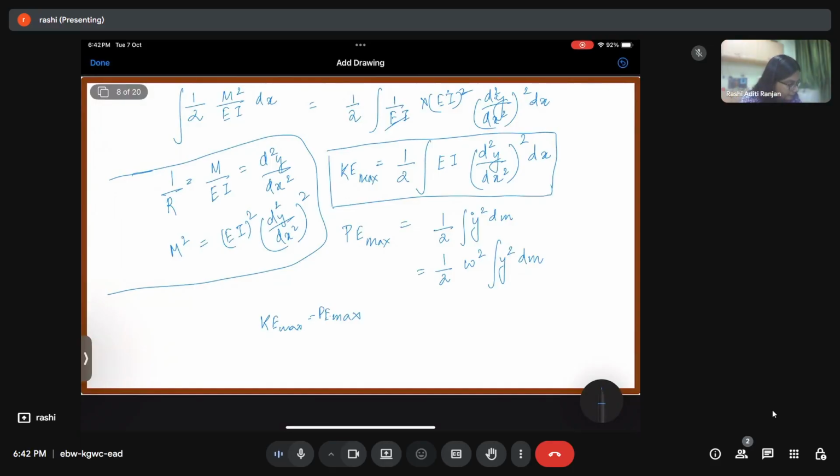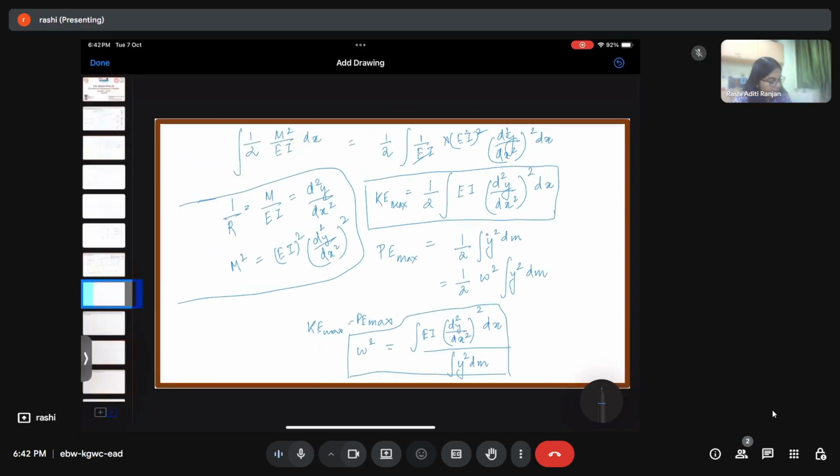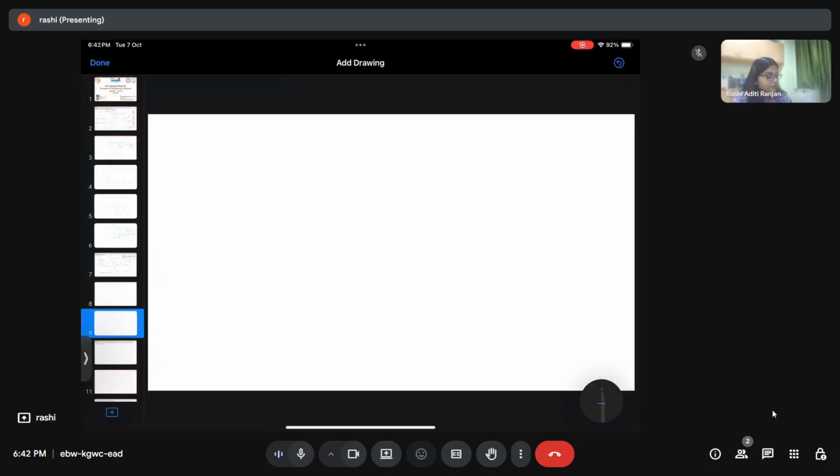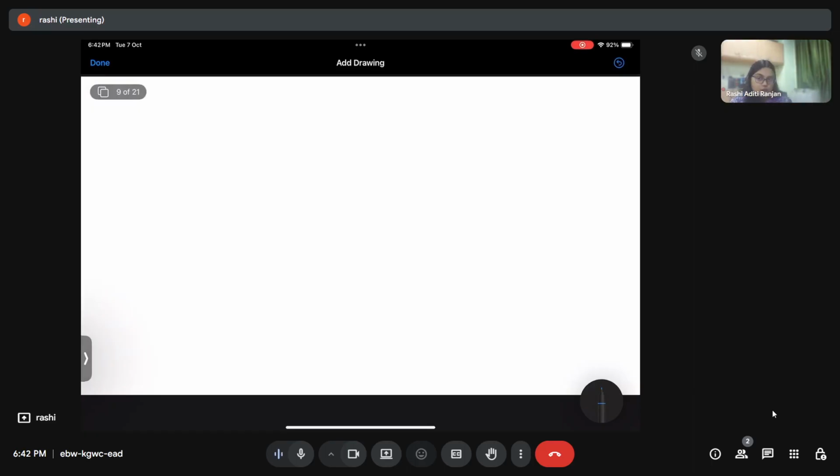We'll get omega square equal to integration of EI d2y by dx square whole square dx divided by integration of y square dm. This will give us the equation.